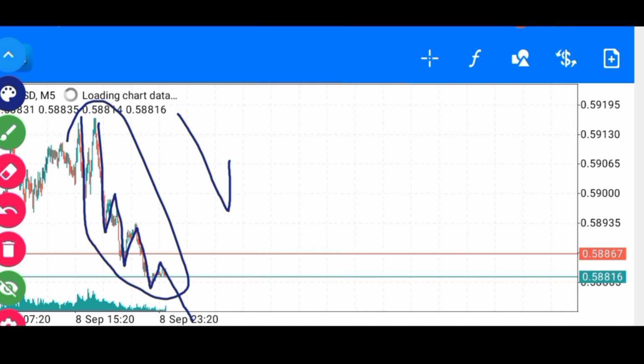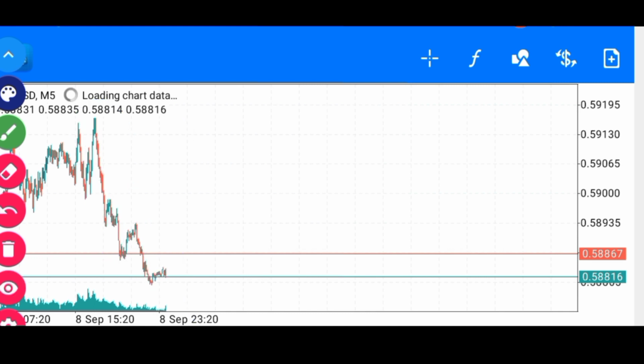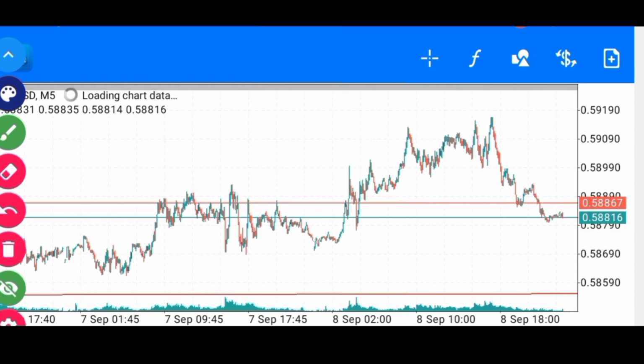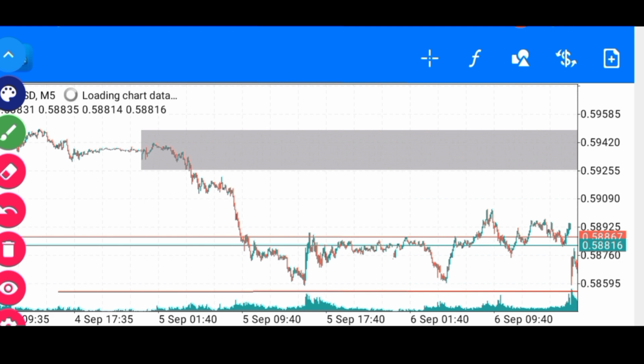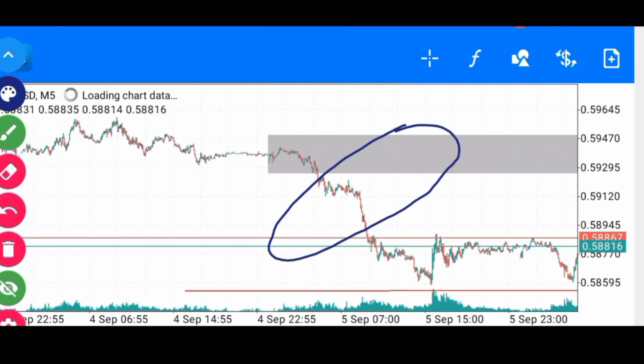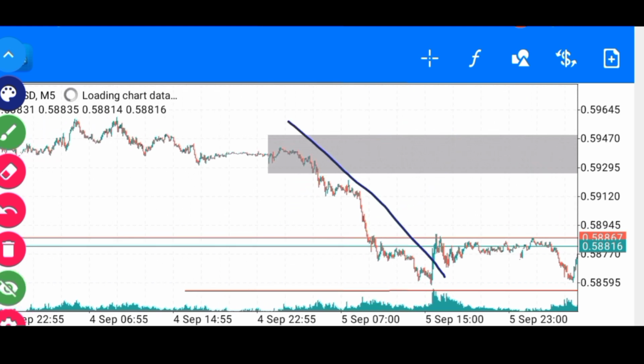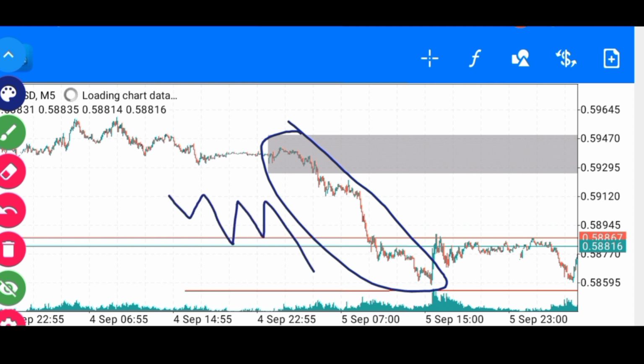Now if we move further, if you came to the chart during this period, what are you going to call this trend? This was an uptrend. All right, now let's go on. During this period, what are you going to call this trend? This is a downtrend. As you can see, it's making lower lows, lower highs, and all of that.